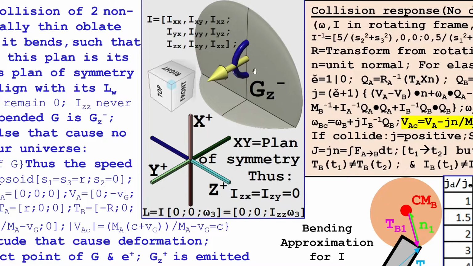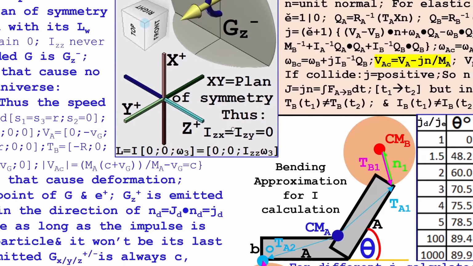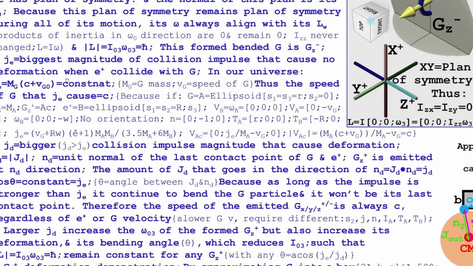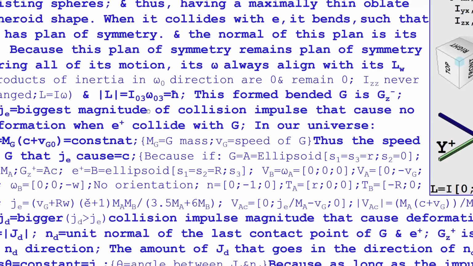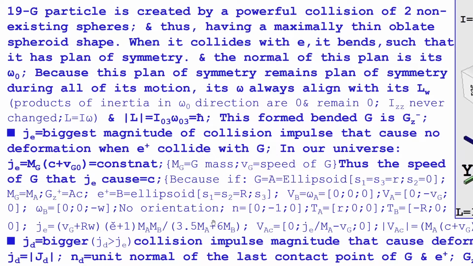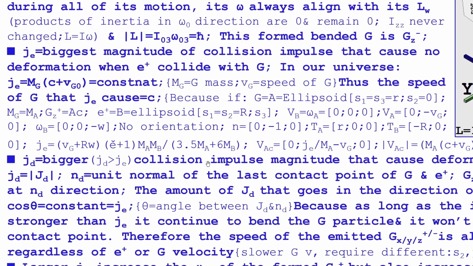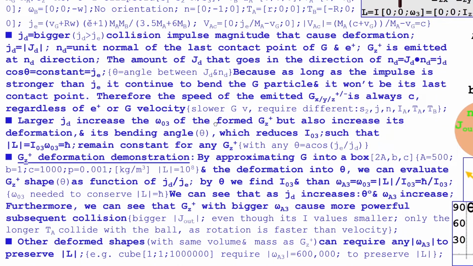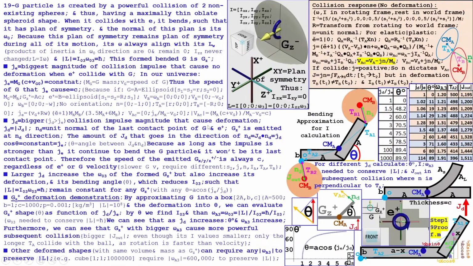The impulse of collision between positron and G particle is referred to as non-bending impulse, if it's the biggest collision impulse that doesn't cause G bending. In our universe, the non-bending impulse is constant, such that the speed of its emitted G is the speed of light. Any bigger collision impulse will cause G bending, and is referred to as a bending impulse.